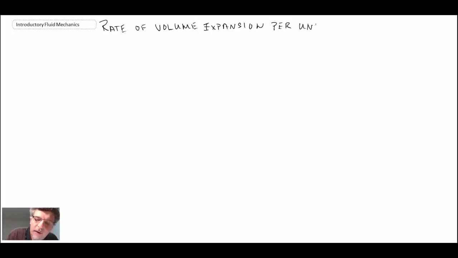Per unit initial volume. With this one, what we have is 1 over V, and quite often in fluid mechanics, we'll use a V with a line through it to denote volume.